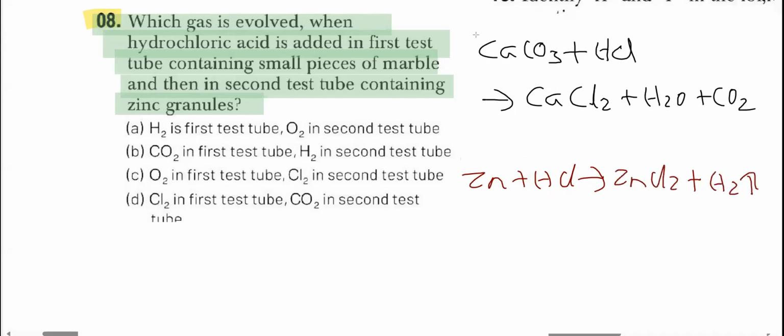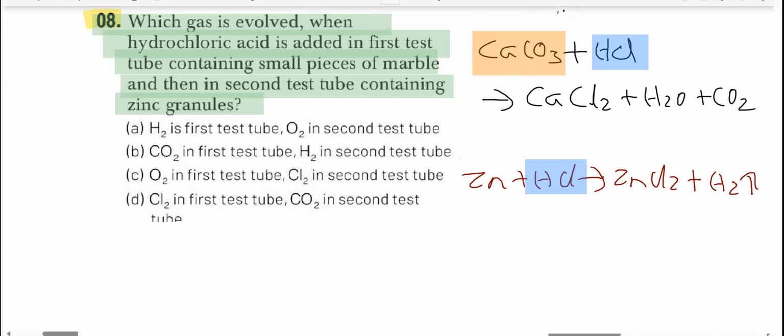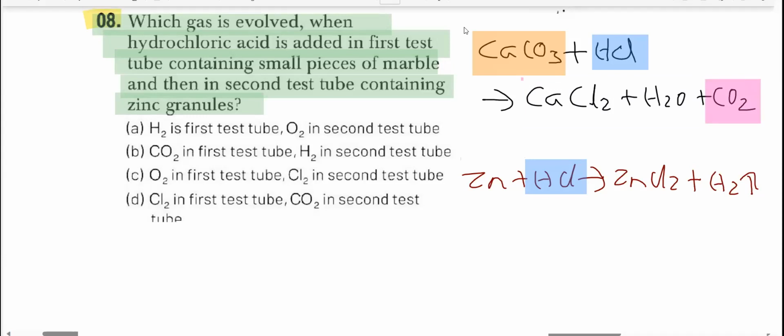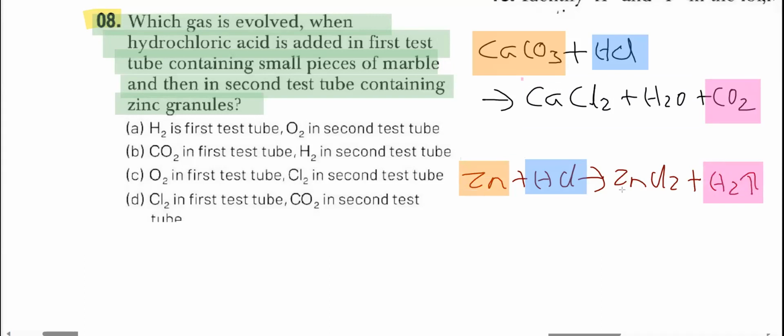Remember, the acid is common in both cases, but what is different? In case of a metal carbonate or metal bicarbonate, three products are formed, and the gas released is carbon dioxide. And in the next case, when a metal reacts, not a metal carbonate, hydrogen gas is produced besides the salt.